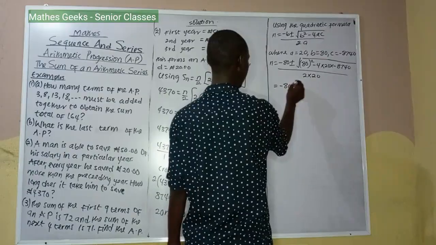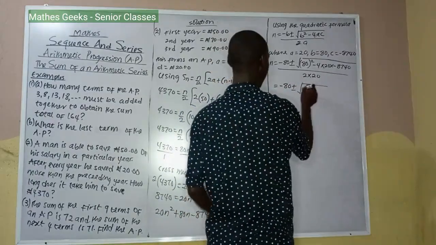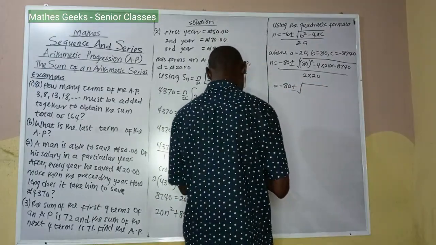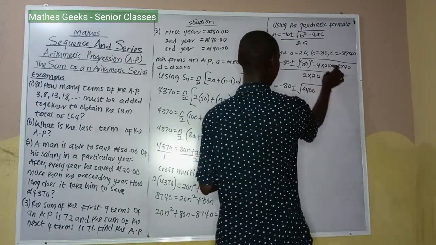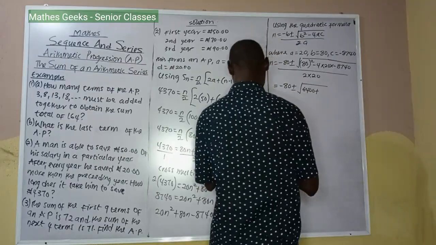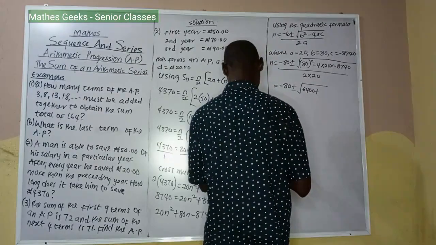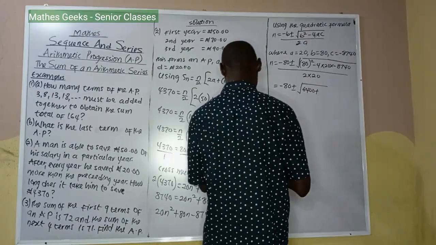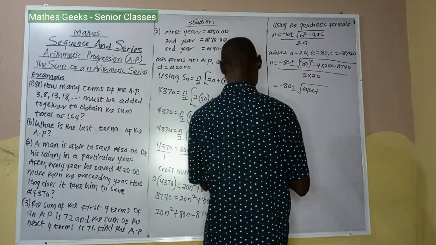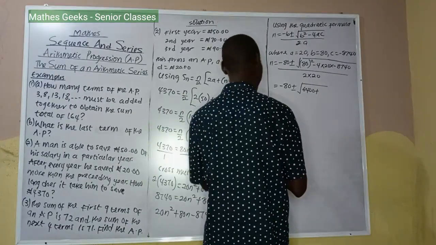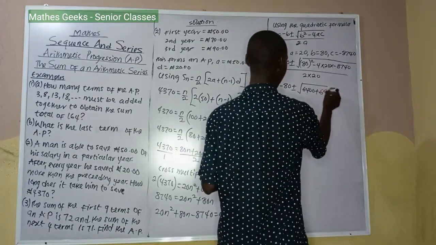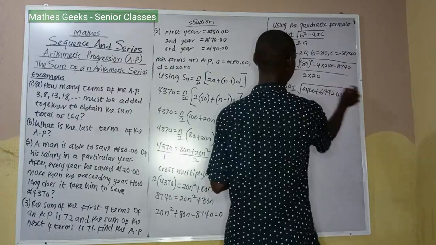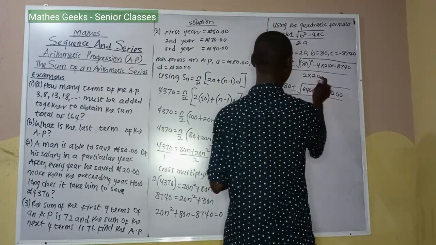This will give us 80 squared, 6,400, minus times minus is plus, 4 times 20 is 80, times 8,740, 699,200, and 2 times 20 is 40.